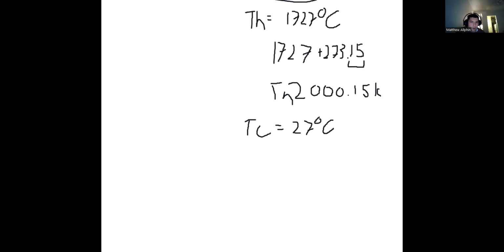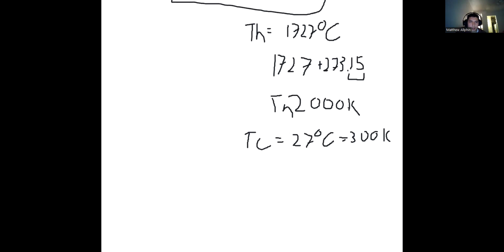So this 0.15 would go away, and this would just be 273 plus 27, which is 300 Kelvin, not degrees Kelvin.